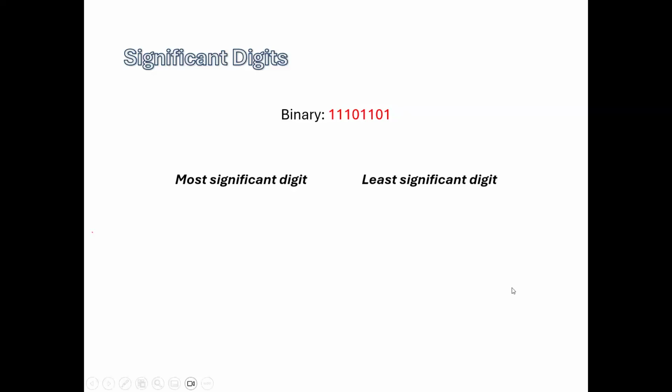For example, if I take a binary number like this, the most significant bit is the digit that is on its far left-hand side. So over here on the far left-hand side, this one is the most significant bit. Over here, the least significant bit is the digit we have on the right-hand side for my screen.